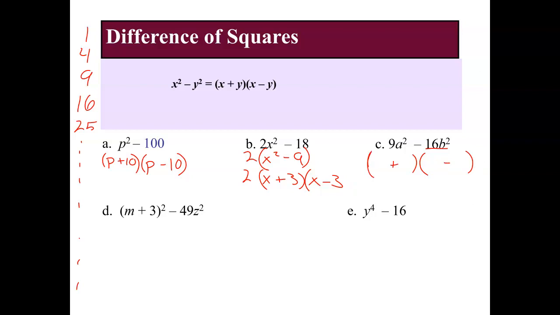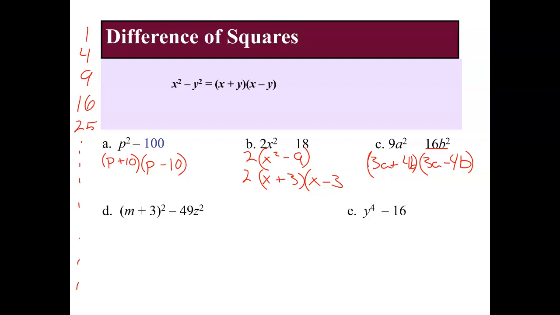Square root of 9a squared being 3a. So we'll have 3a plus and 3a minus. Square root of 16b squared being 4b. All right, 4b and 4b.